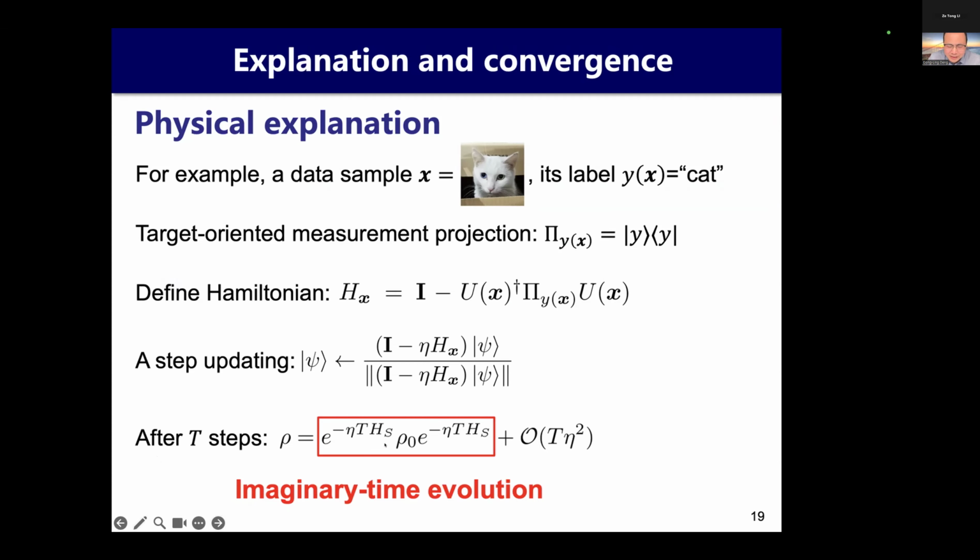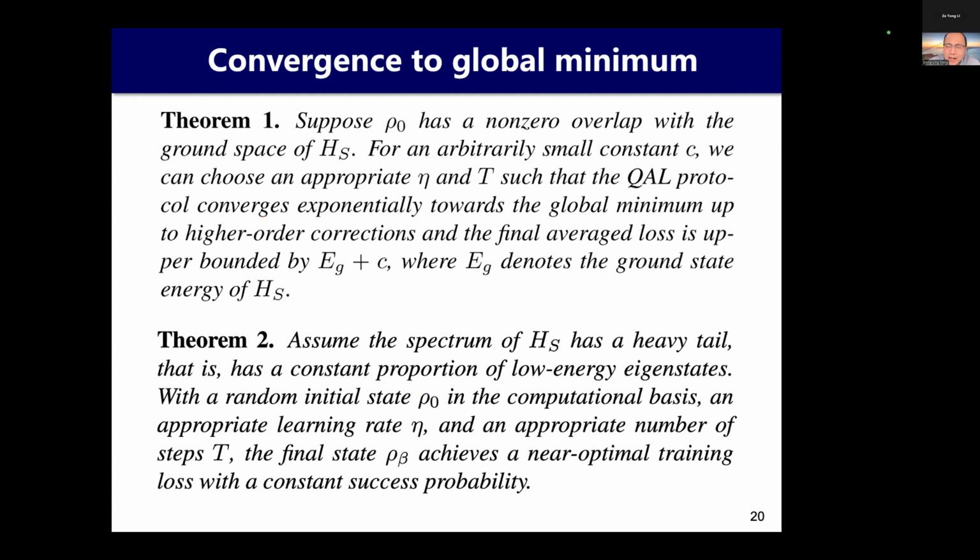Then after T steps, basically the state evolves to this one, and here capital T is how many training steps you have. And H_S is the average Hamiltonian over all the training data samples, right? So from this picture, you have a clear understanding of how and why our approach works, right?